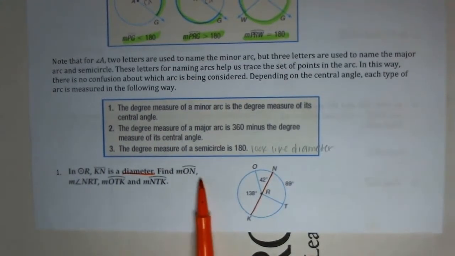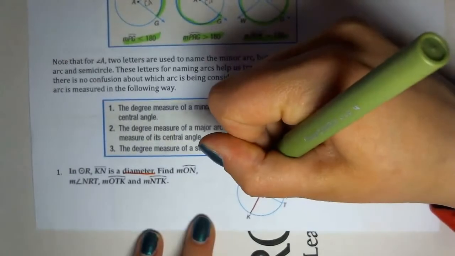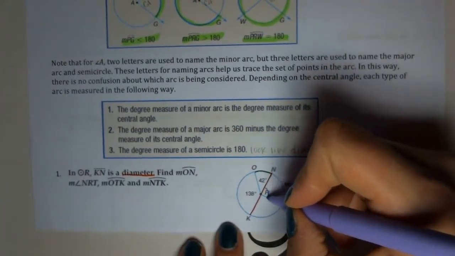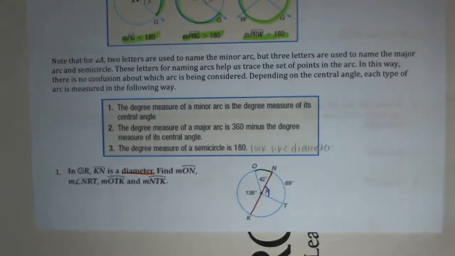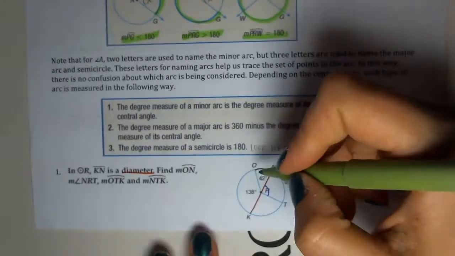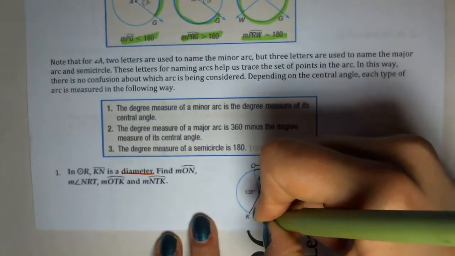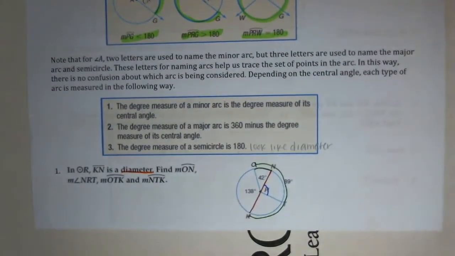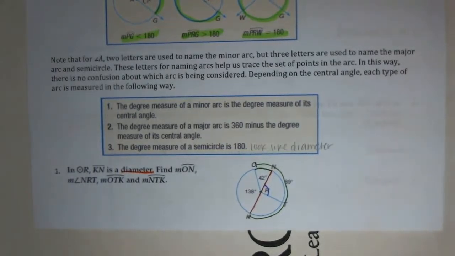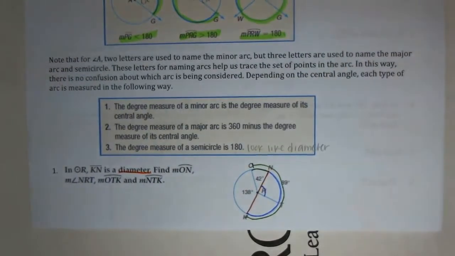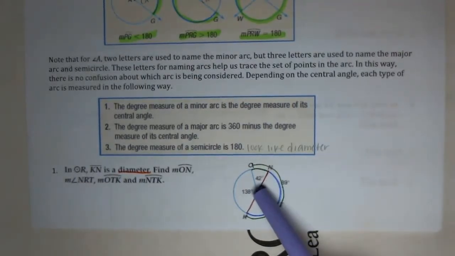It wants us to find the measure of arc ON, angle NRT, measure OTK, and the measure of NTK, which is this one.